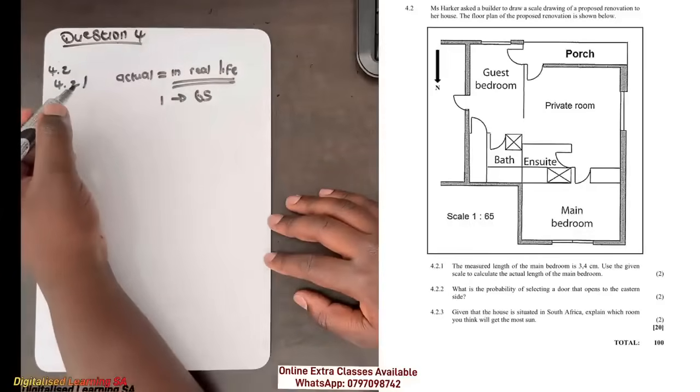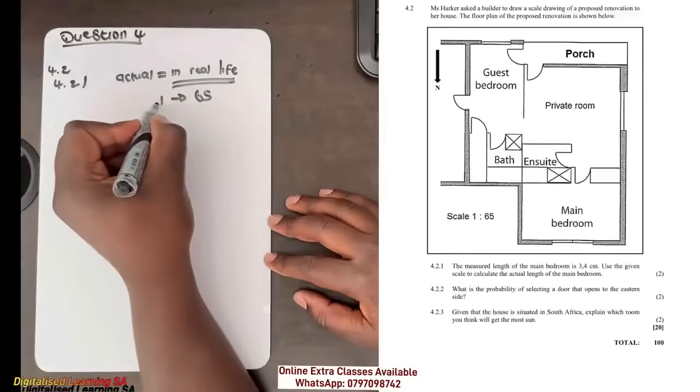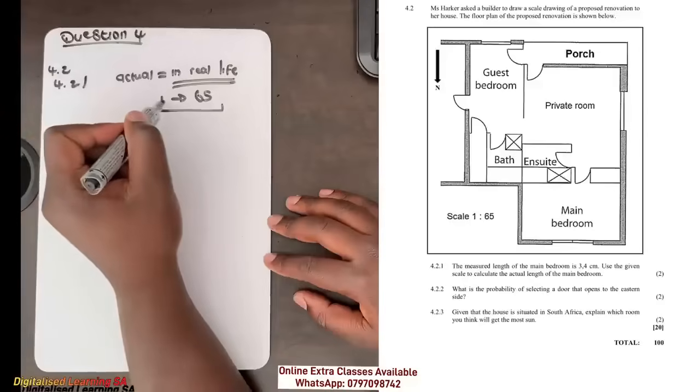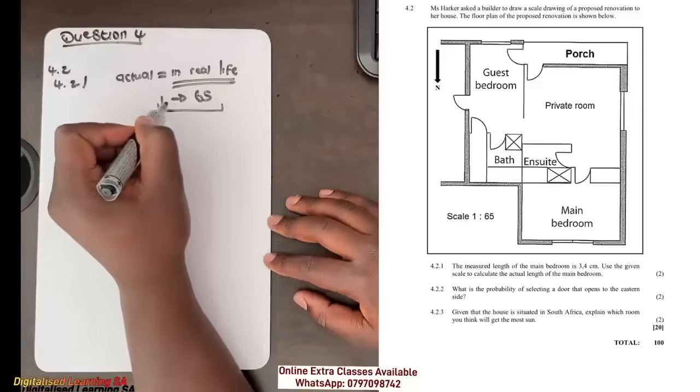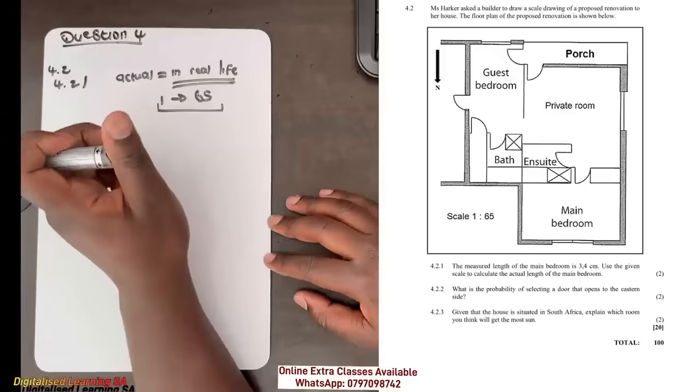To answer this question, the scale is given on the right hand side, where you will see that it is 1 is to 65. So 1 centimeter on paper is equal to 65 centimeter in real life.